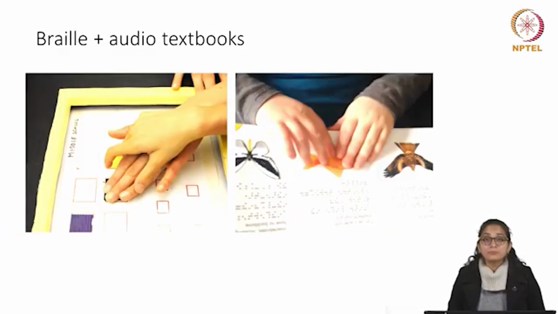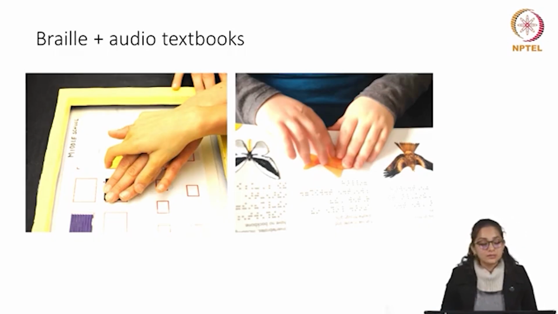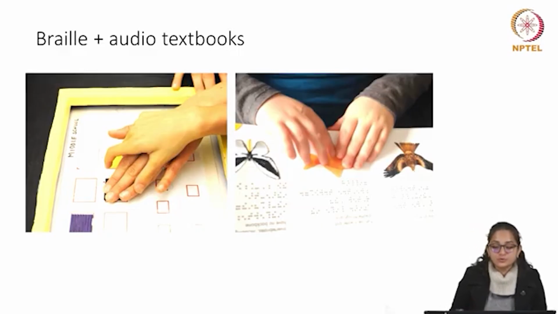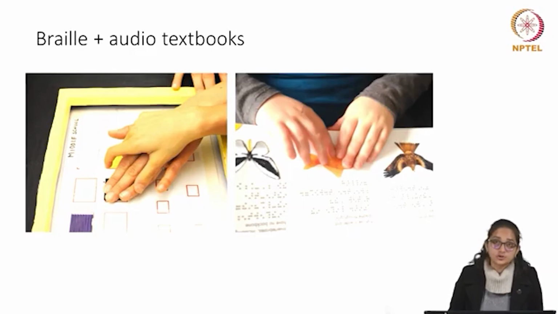Then there can be braille plus audio textbooks, right? These kinds of systems are also available where students with blindness interact with braille material which is also audio tagged, either through electronic systems or, now we are also looking at solutions which use augmented reality and gesture recognition for audio tagging of tactile material.